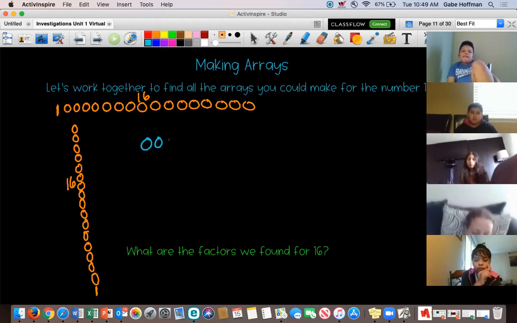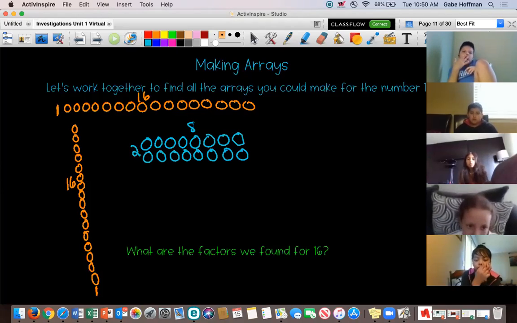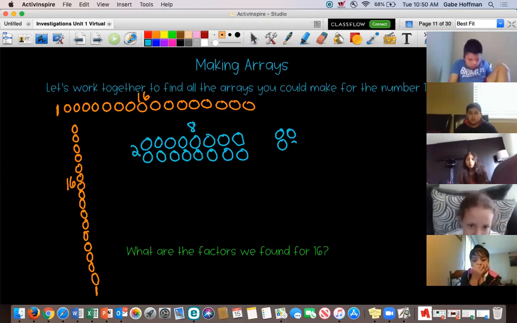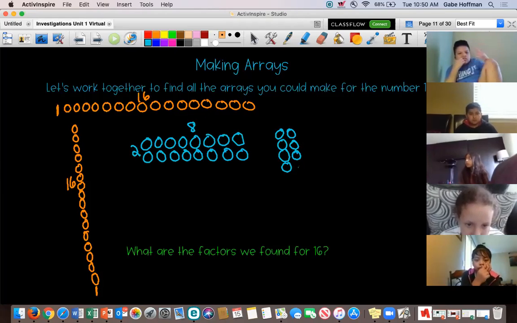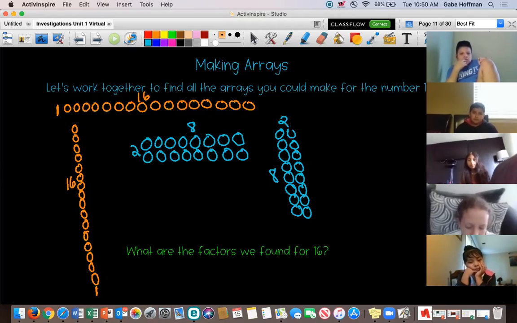So 1, 2, 3, 4, 5, 6, 7, 8. 1, 2, 3, 4, 5, 6, 7, 8. So we have 2 rows with 8 in each row. For our factors, that means we can also do 8 rows of 2.